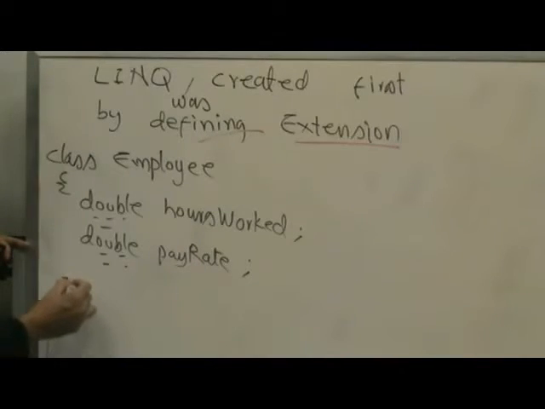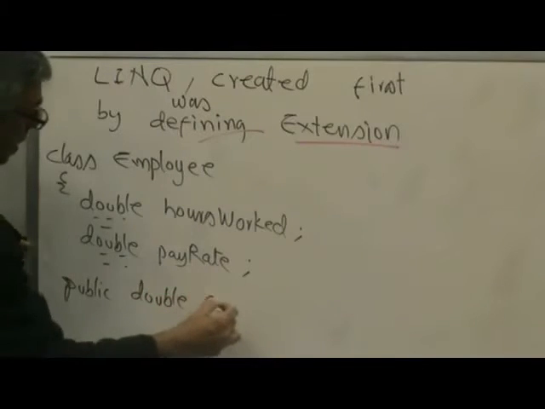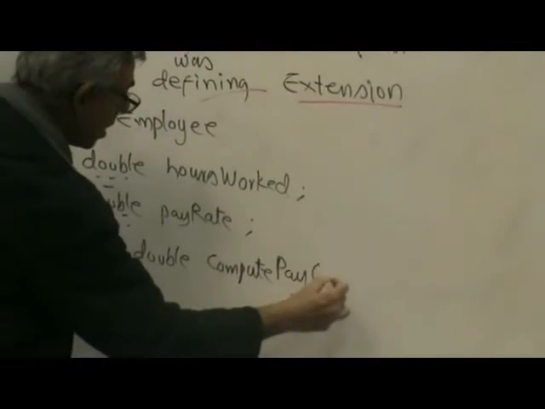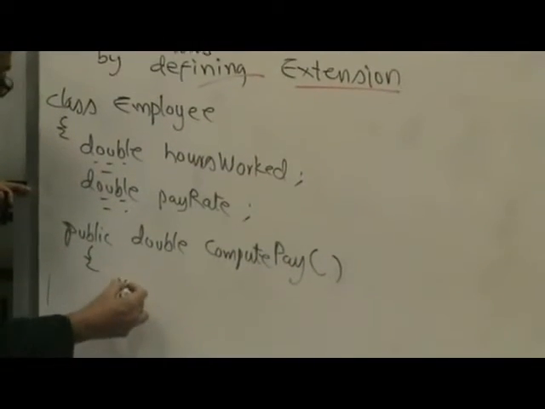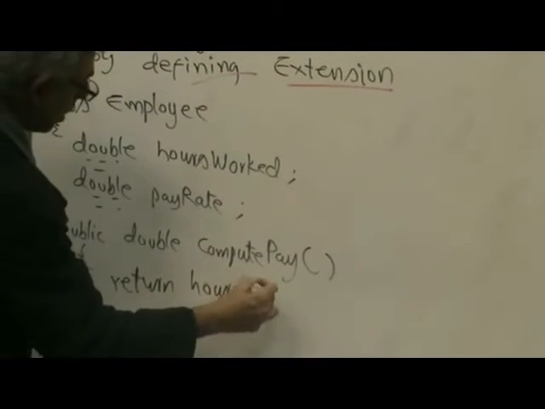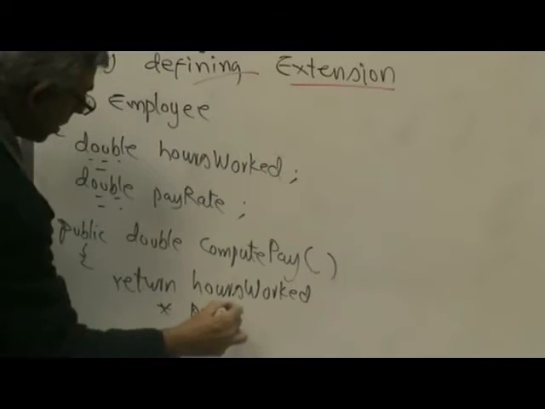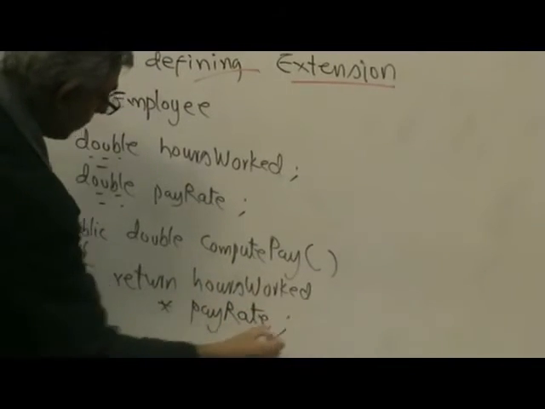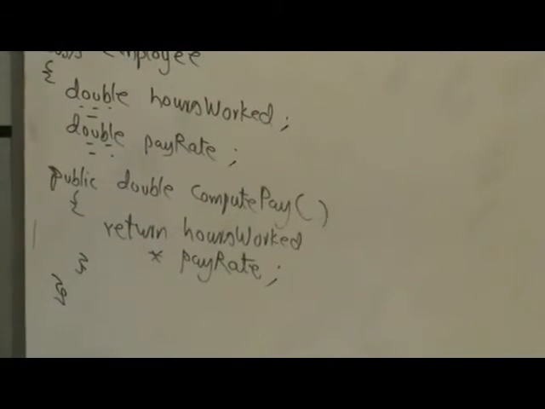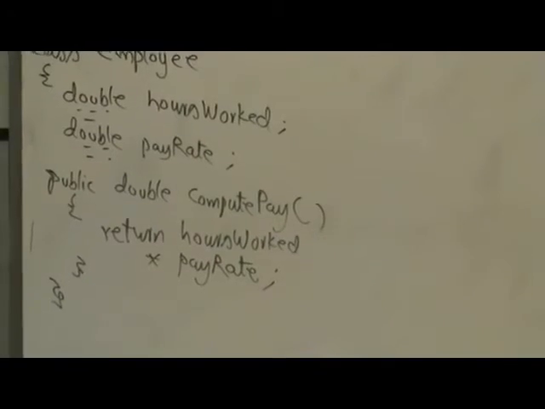It has public double ComputePay, return hoursWorked times payRate. Okay, a simple class, one method, one useful method called ComputePay, right?